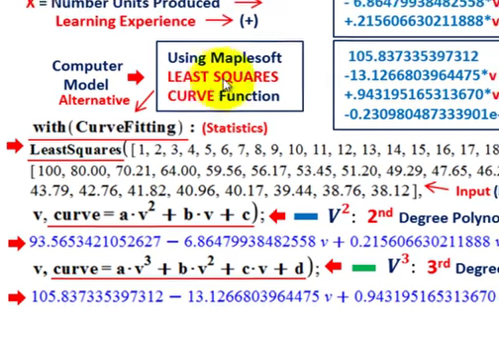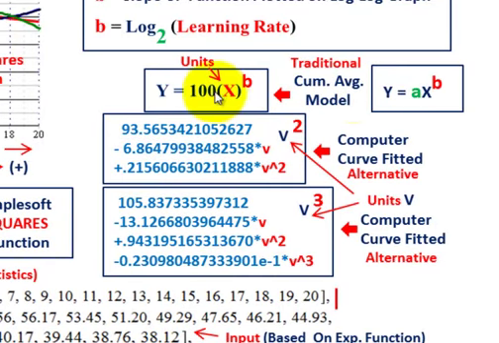Okay, so let's just go back and look at those numbers again. This was our traditional model. We'll not go through all those numbers, but with what we've generated with our computer fitted alternative for our second degree polynomial v squared, we would have gotten these amounts, just showing the detail that the computer software package is going to generate.